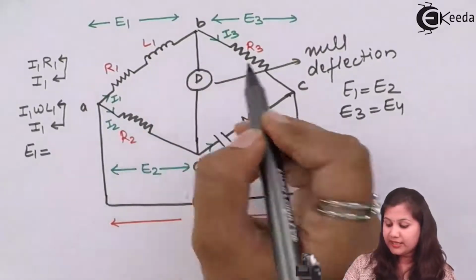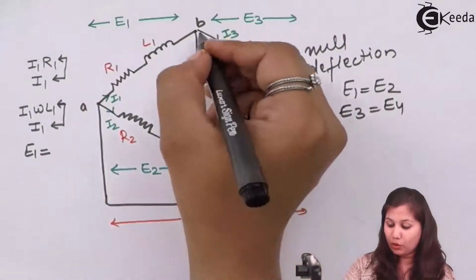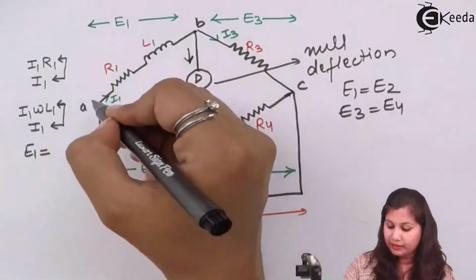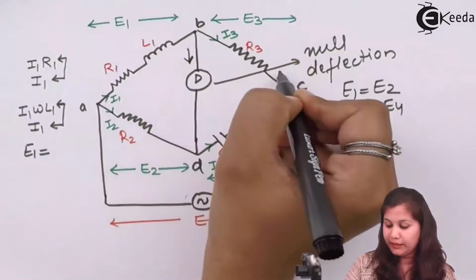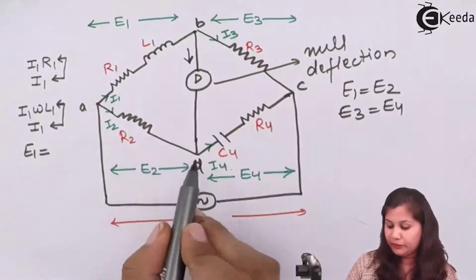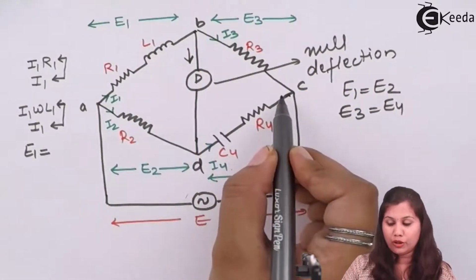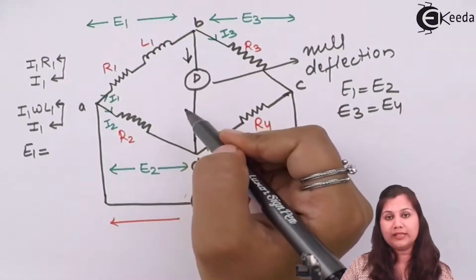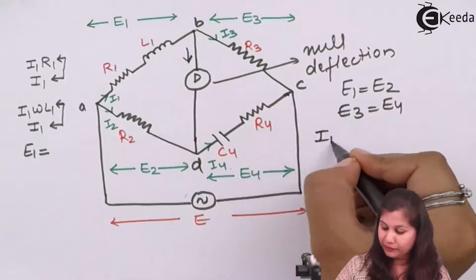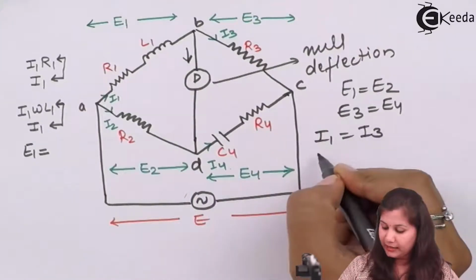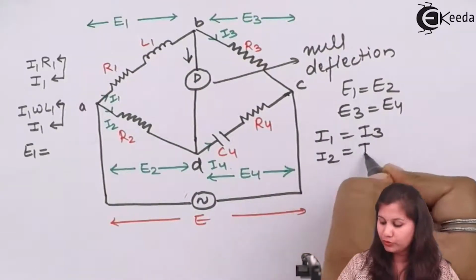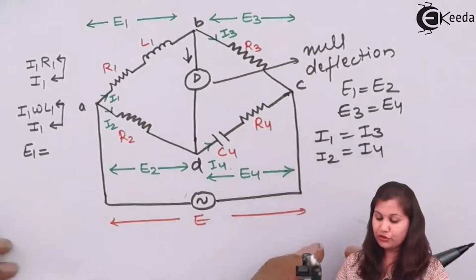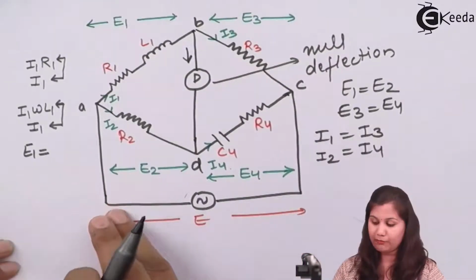The detector giving null deflection means no current is flowing in this arm, so it will act as an open circuit. So I1 will be equal to I3 and I2 will be equal to I4. We are going to use these relationships in our phasor diagram also.